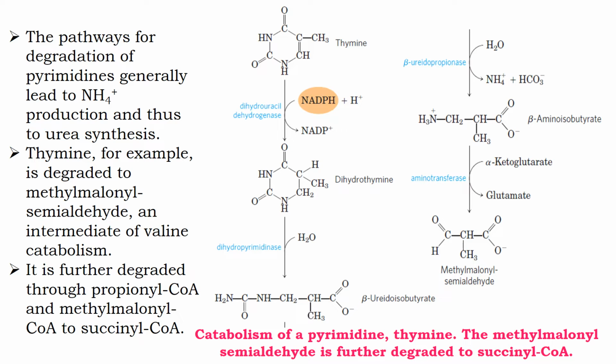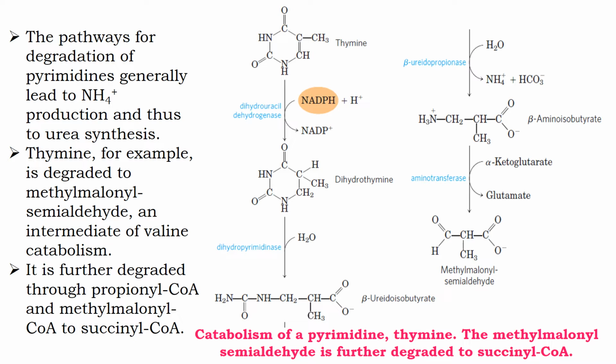So we know that this succinyl CoA can be shunted through the Krebs cycle. Here is the catabolism of pyrimidines, and thymine especially.